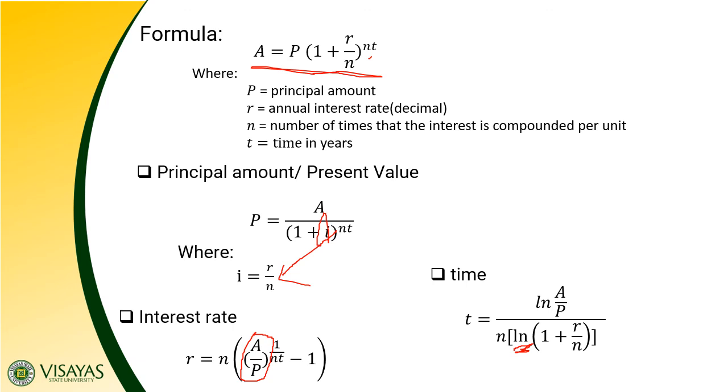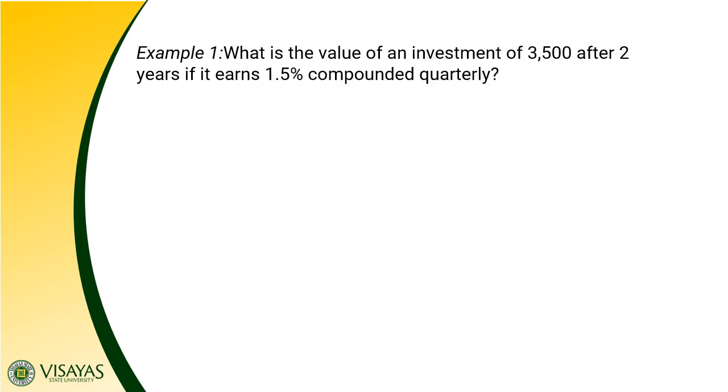Okay? And let's have here an example. What is the value of an investment of 3,500 after 2 years, if it earns 1.5% compounded quarterly? So, bali, nag-invest ka ng 3,500, then after 2 years, it earns 1.5% compounded quarterly.